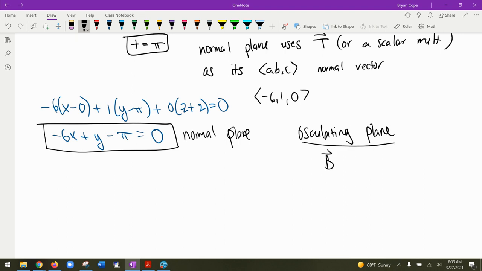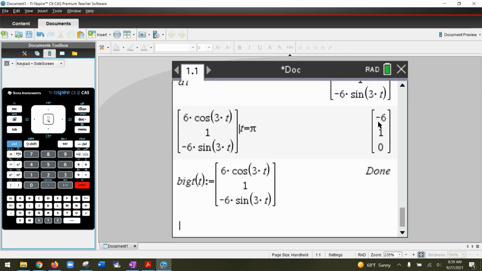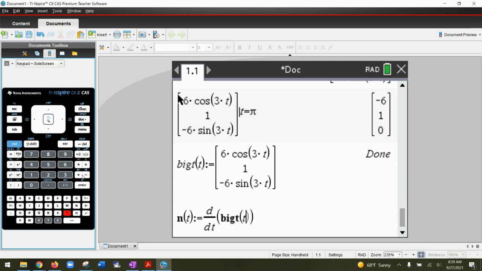The osculating plane uses big B, or a scalar multiple of big B, as its normal vector. So we need to find big B as the normal vector. Okay, so I currently have big T. Let's find N. So N of t is defined as the derivative of big T of t over the magnitude of the derivative of big T of t.